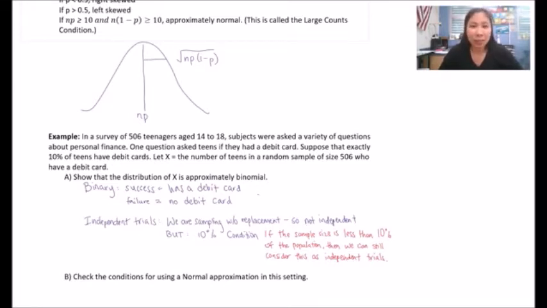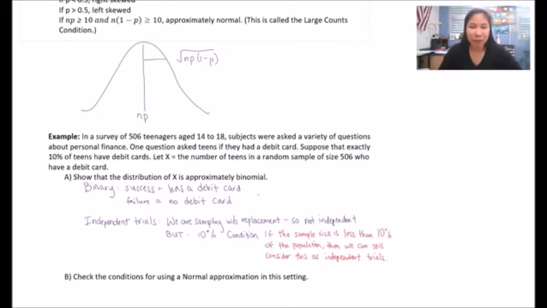And so that small change in probability doesn't really affect the second probability.